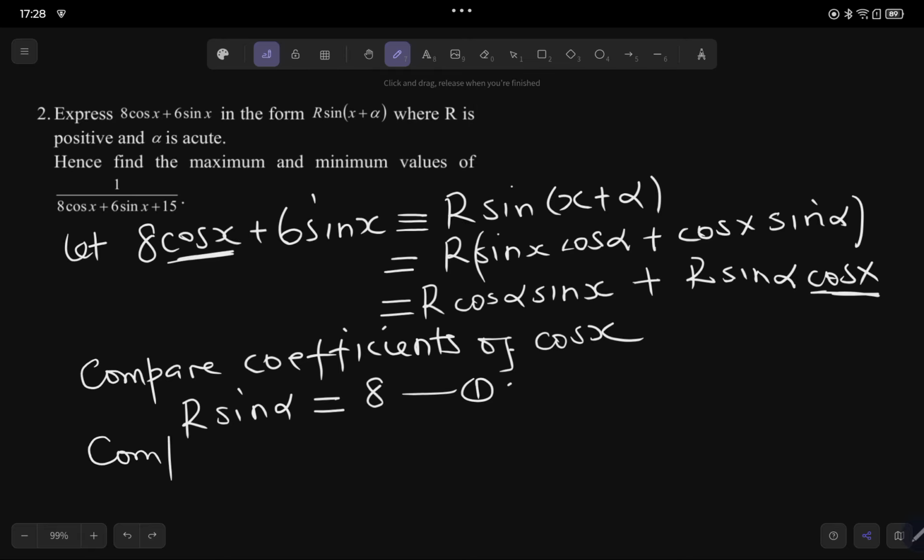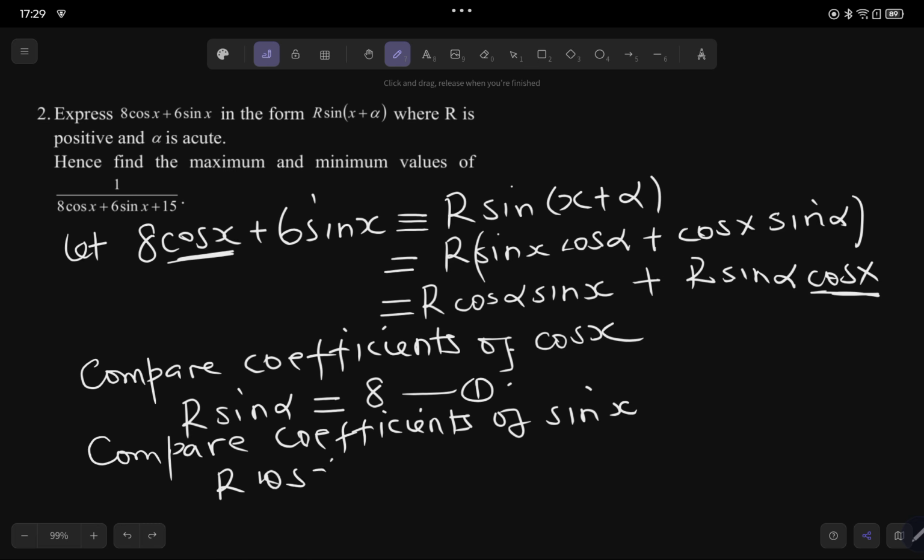Then compare coefficients of sin x. This will be r cos alpha, that is the coefficient of sin x here. Then on the left we have 6. Call this equation number 2.